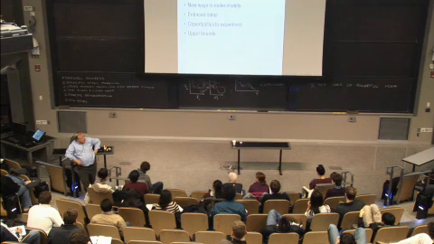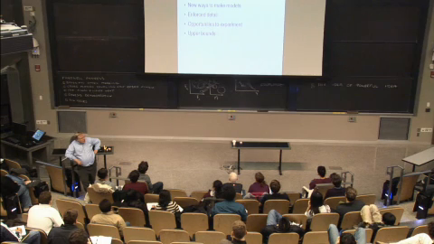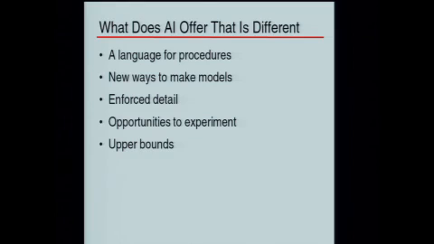So that's that. Here's what AI does that makes AI different from the rest of the fields that attempt to contribute to an understanding of intelligence. We have the benefit of having a language for procedures. We have all of the metaphors that we are the custodians of in consequence of knowing about programming.